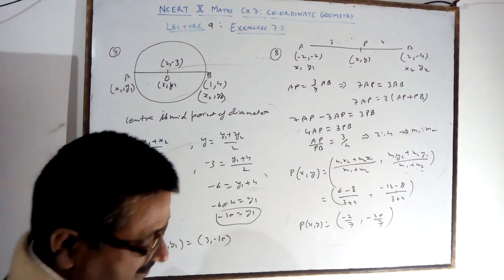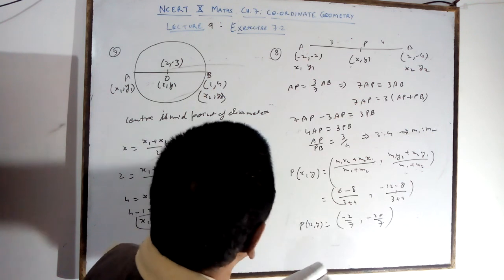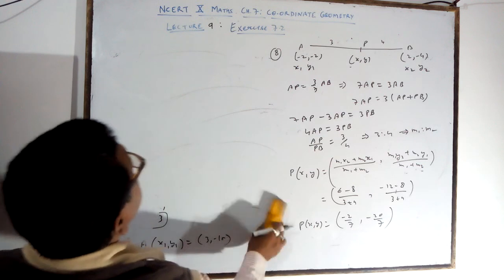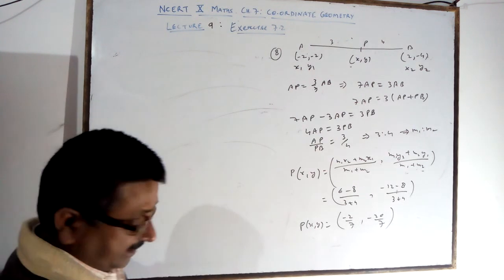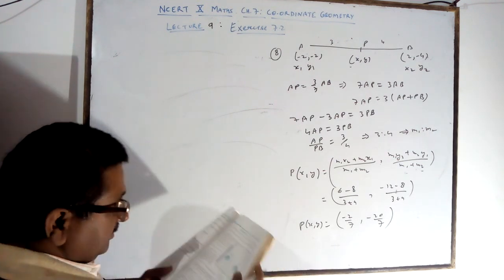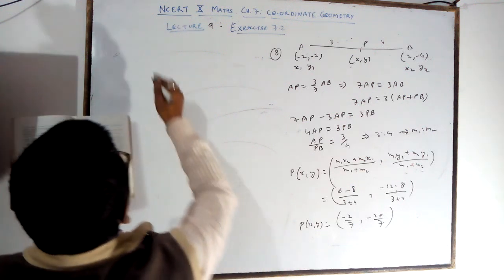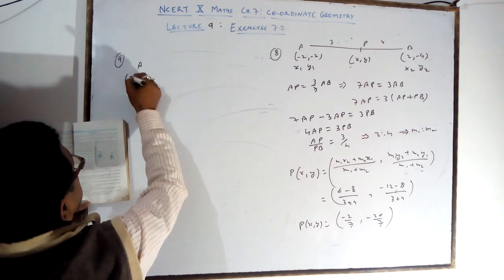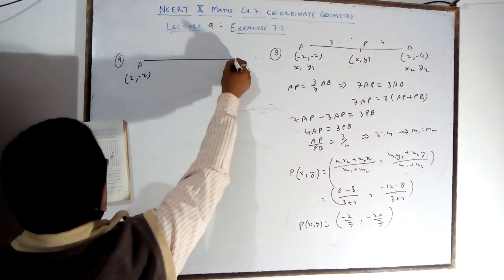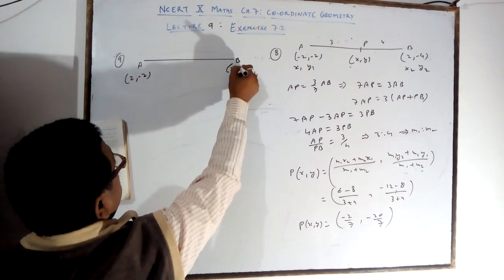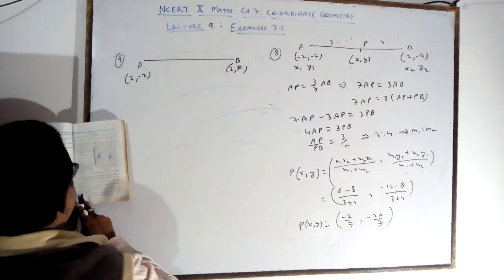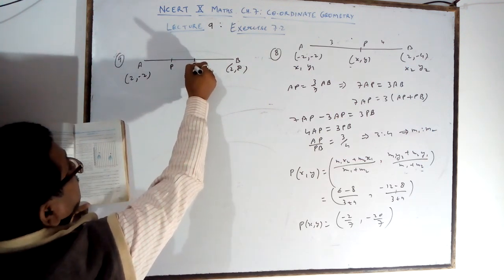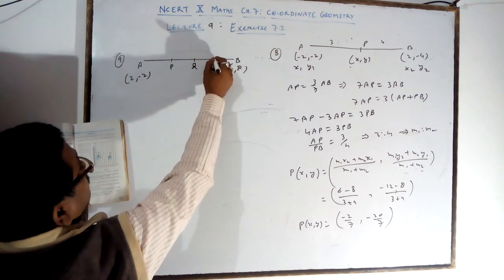Question number 9 is given. In question number 9, find the coordinates of the points which divide the line segment A (2, -2) and B (2, 8) into 4 equal parts. 4 equal parts means points P, Q, R: 1, 2 and 3.